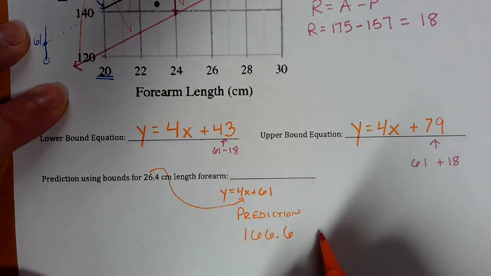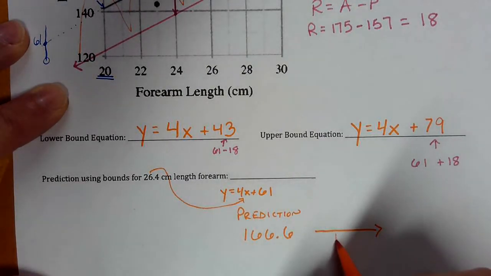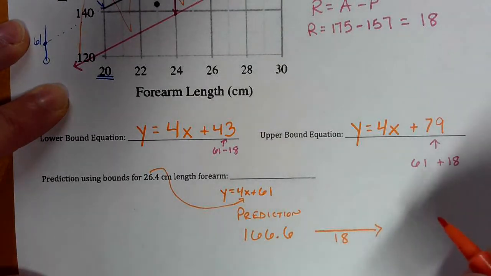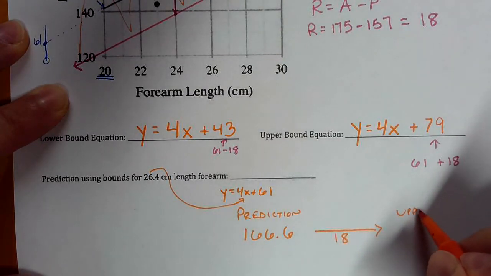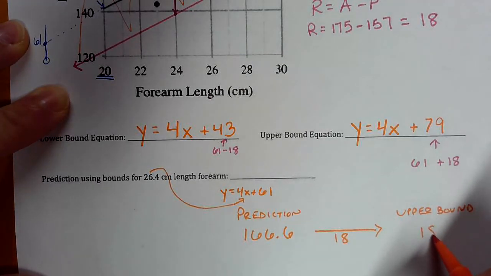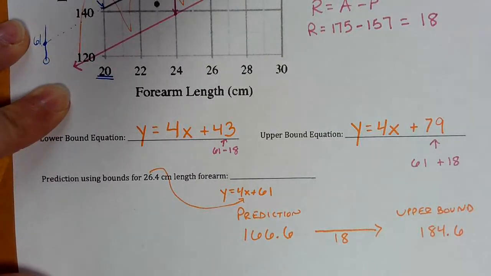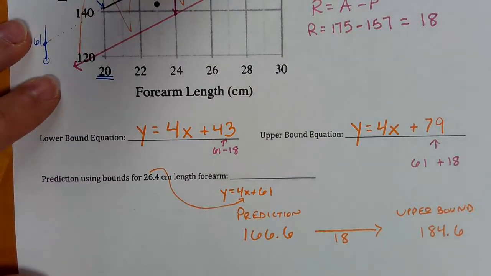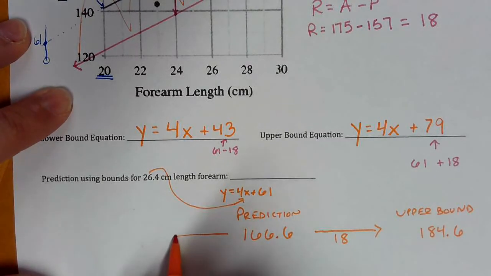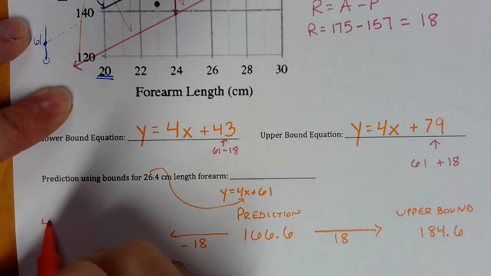Now, from there, I'm going to go up 18. And that would give me an upper bound of 184.6. So that's the upper limit of our prediction. And for the lower bound, I would subtract 18, because remember, that was based off our furthest residual.